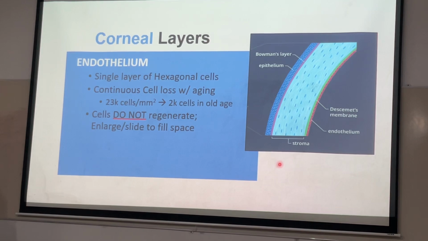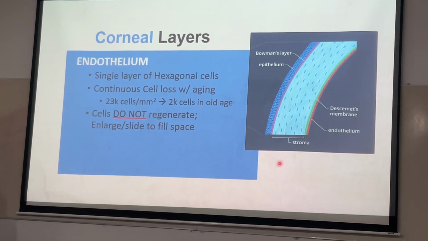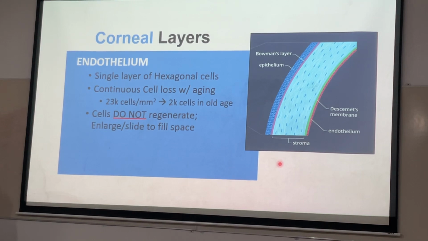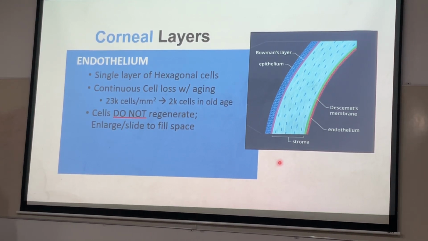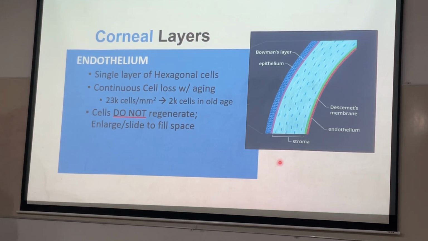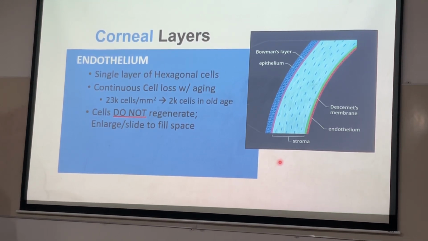And then lastly is your endothelium, which is a single layer of hexagonal cells. As you grow older, there is a continuous loss of endothelial cells. When we are born, we have about 20,000 cells per square millimeter.